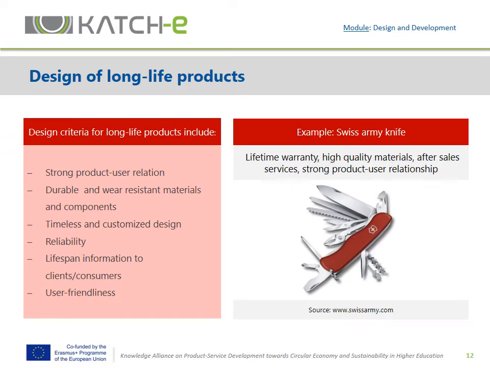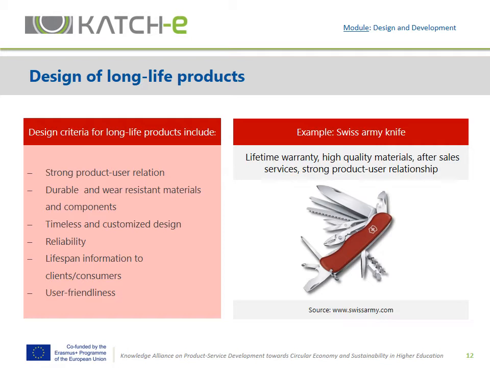In each strategy, a group of criteria should be addressed. In this case, the design teams should analyze the product according to the product-user relation, the durability and wear resistance of the materials and components, timeless and customized design, the reliability of the product, lifespan information to clients and consumers, and user-friendliness.